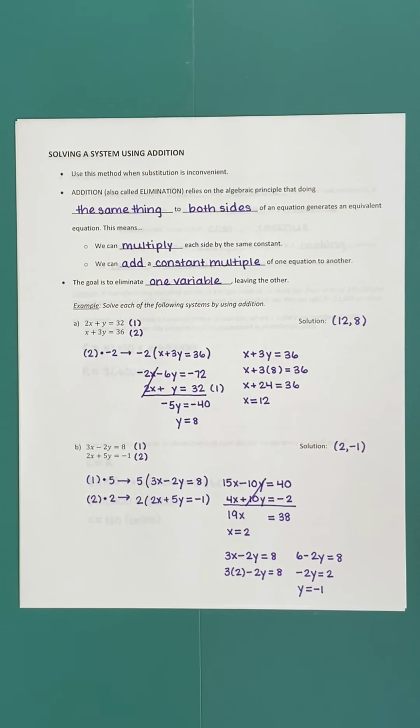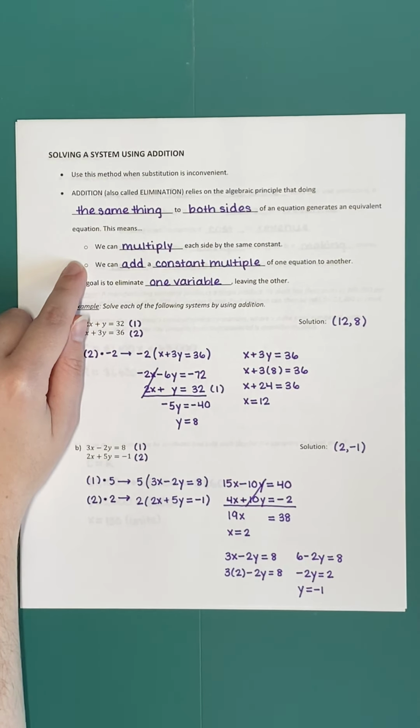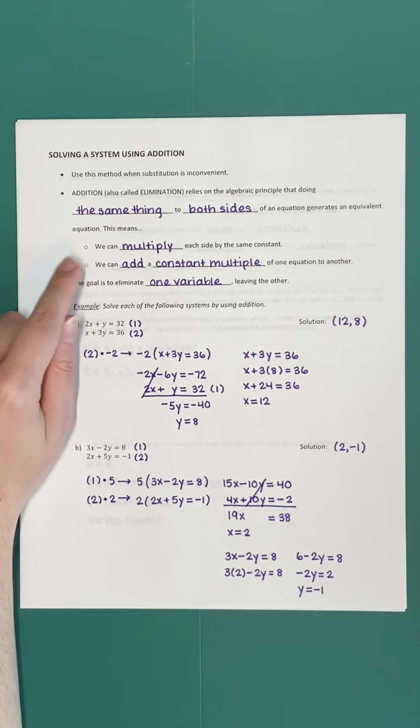Now the next thing we can do based on this idea is ultimately what's going to cause the elimination, what's going to sort of solve the system for us. So in addition to multiplying each side of the equation by the same constant, we can also add a constant multiple of one equation to another.